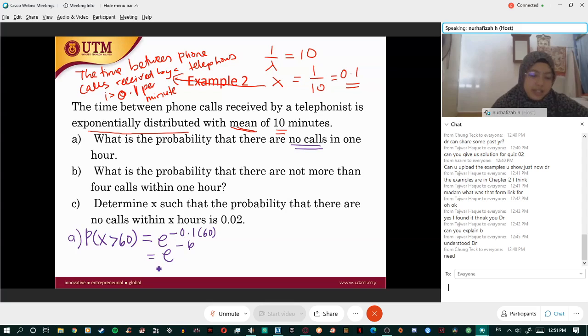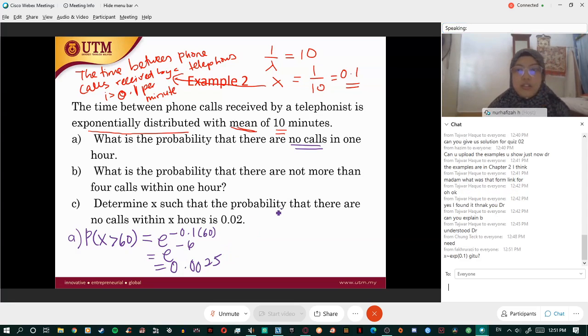Then you will get the answer 0.0025. Sorry, I forgot to write your distribution. So your X should be exponential 0.1.